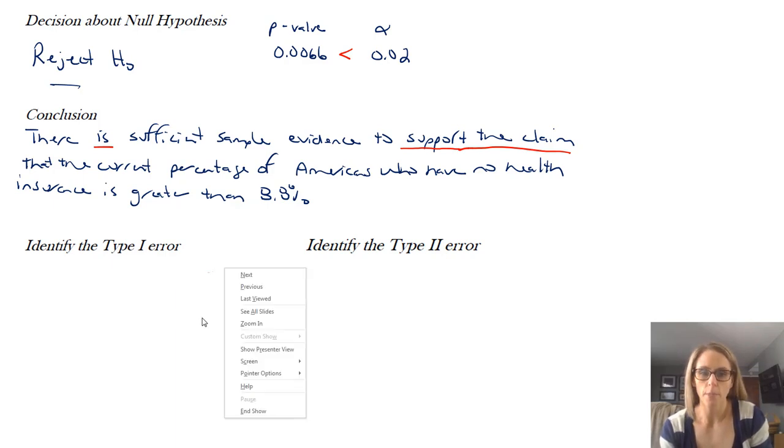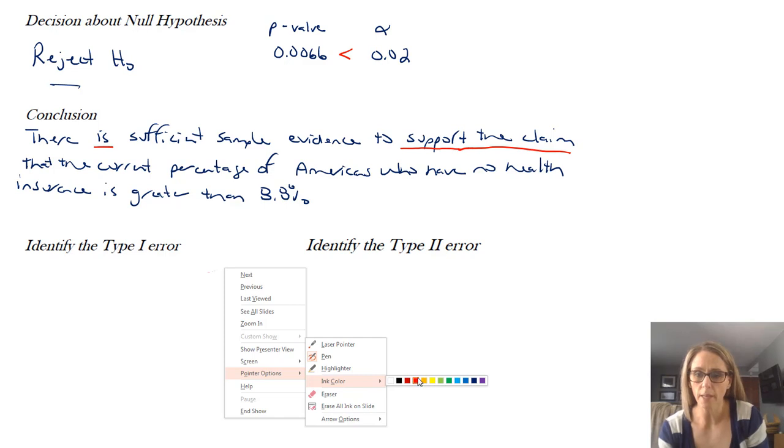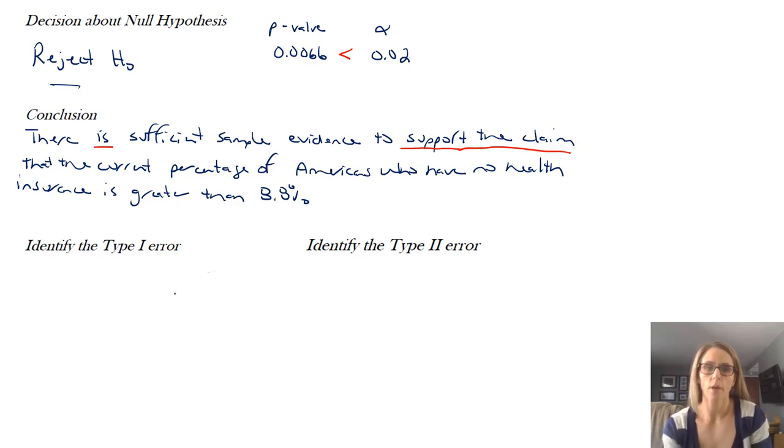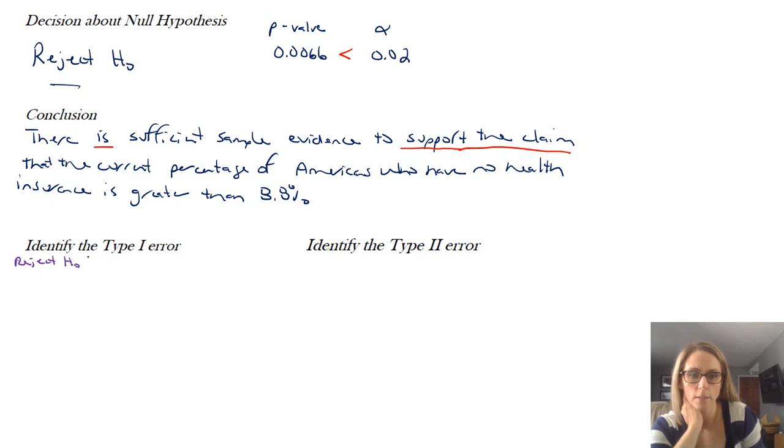Okay, last thing I'm going to do, and then I'll save the other two for a second video, is the idea of identifying the type 1 error. If you go back to 8.1, you want to remember that the type 1 error is when we reject H naught, but H naught is true.